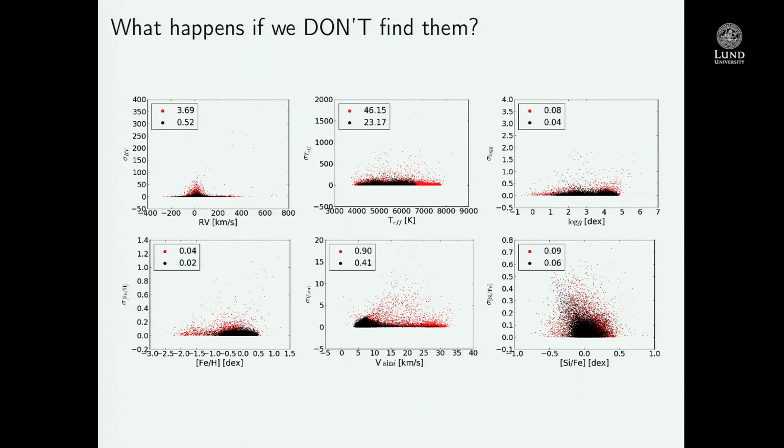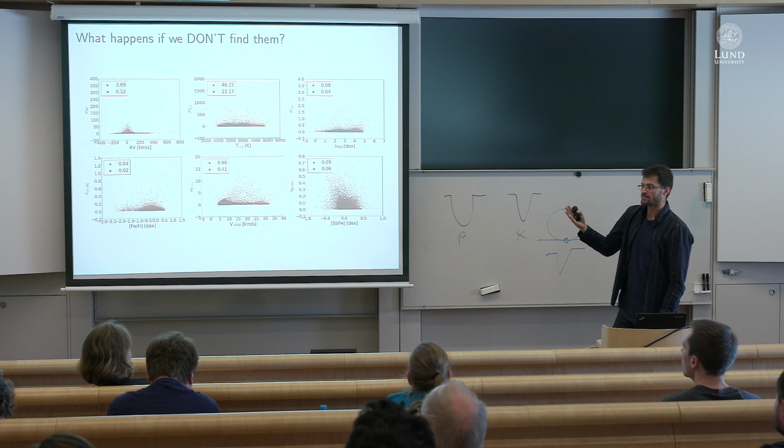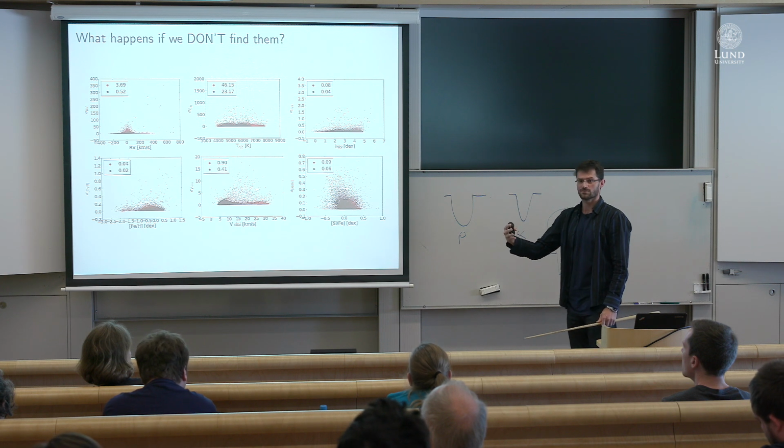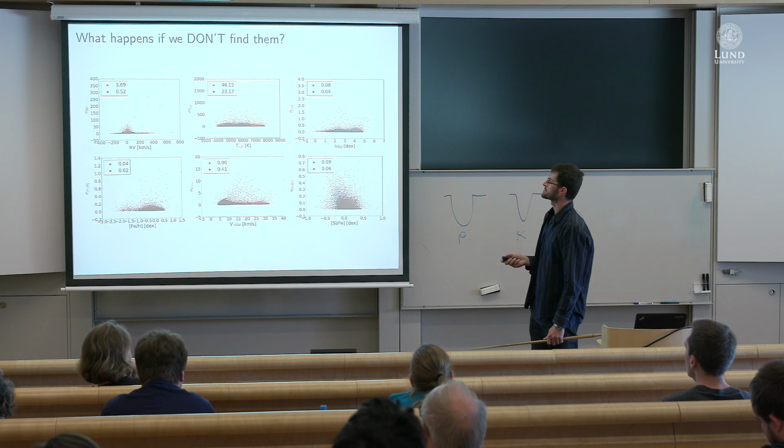We see with the average value of this scatter up here that basically all the values for the peculiar stars are larger. So the results in the end can be erroneous, can be questionable, if we don't account for the peculiarities in the spectra. Of course, we can just flag them and tell the end user, be careful when using these values, and that's already something that's useful.